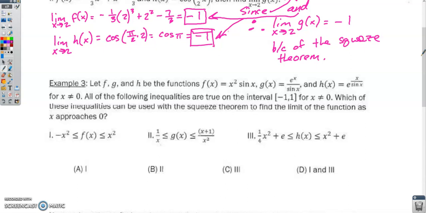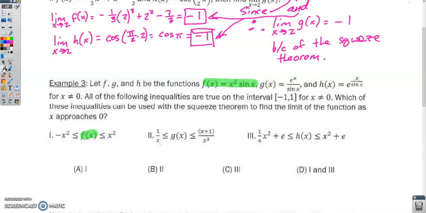-x squared is less than or equal to f of x. So we're focusing on our function f of x here. So -x squared is less than or equal to f of x, which is less than or equal to x squared. We're told that all of these inequalities are true. If we take the limit as x goes to 0 of -x squared, we get 0.